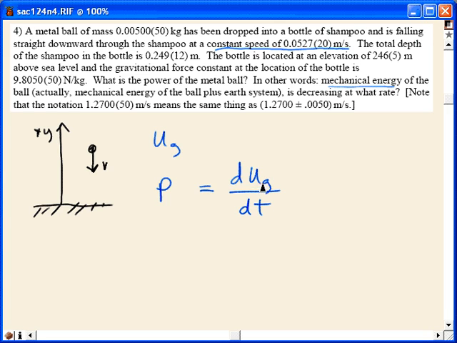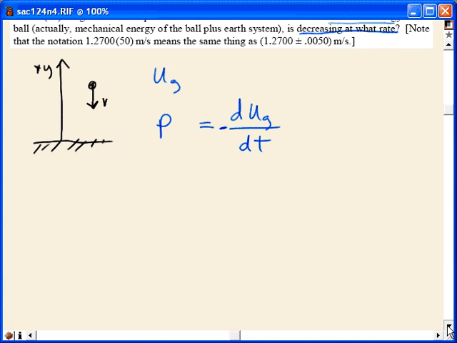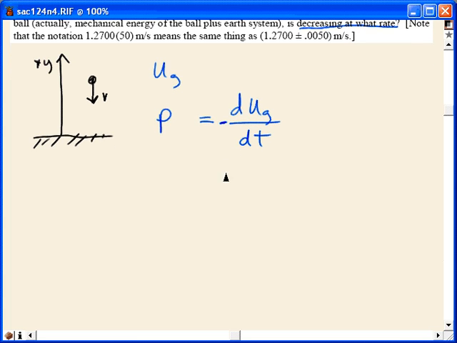In general, that's how fast it's increasing, and we want to know how fast it's decreasing, so I'm going to take the negative of that, because they want to know how fast the energy is decreasing. So it's the negative of how fast it's increasing, and that's what I got right here.